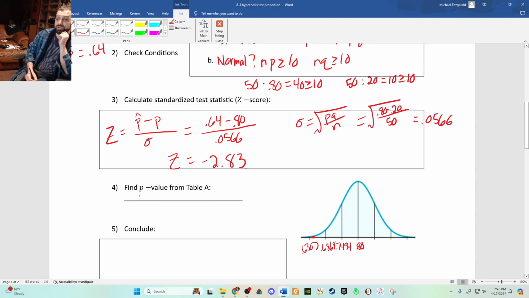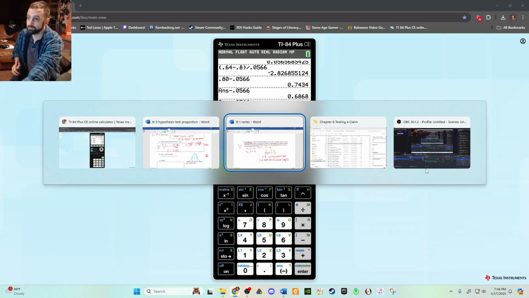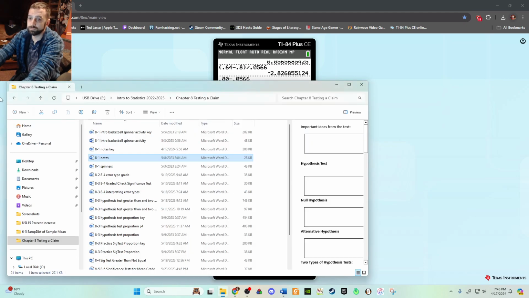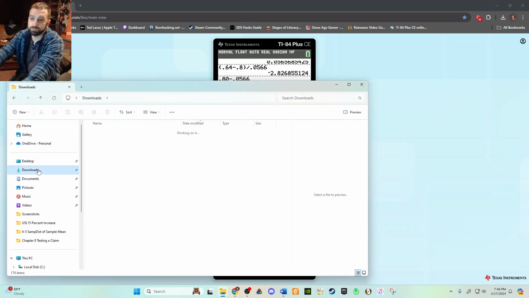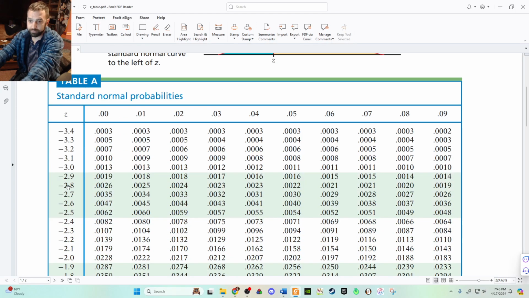So wouldn't I just look for table A of this value since I want to the left of it? If it was a test on this side where I had an alternative hypothesis of greater than, we'd have to do a 1 minus. We don't have to do that here though. So I want to look for a z-score of negative 2.83.